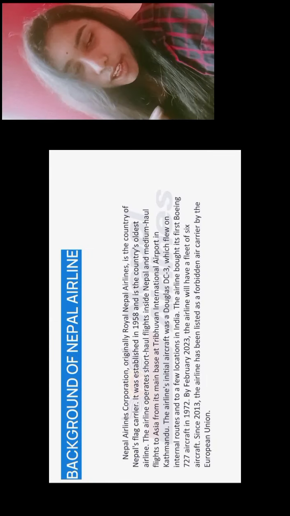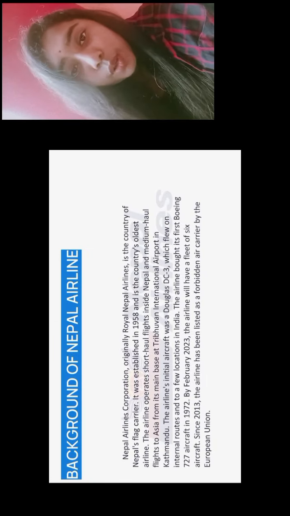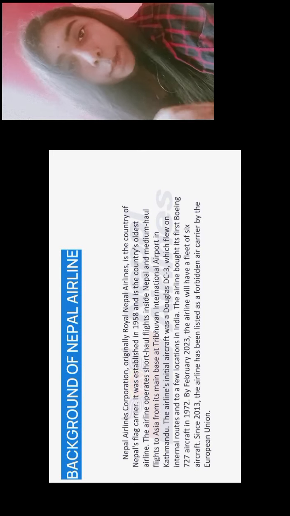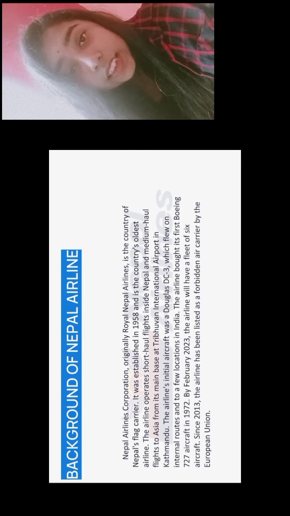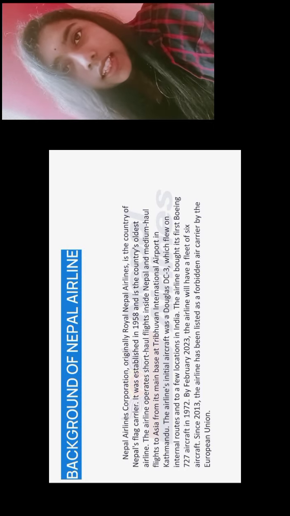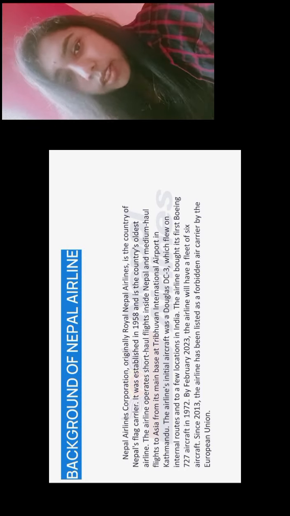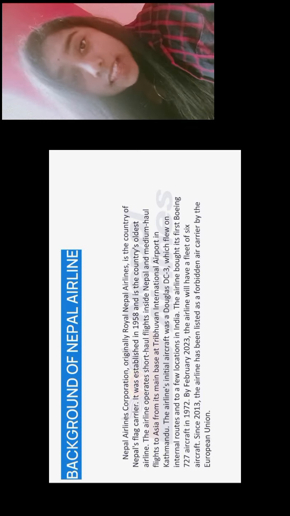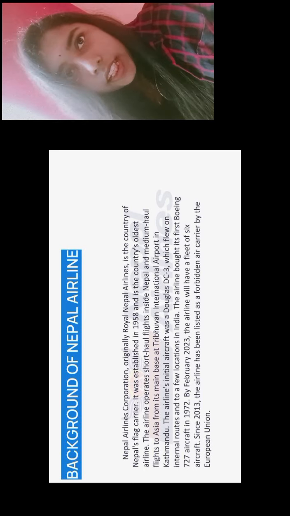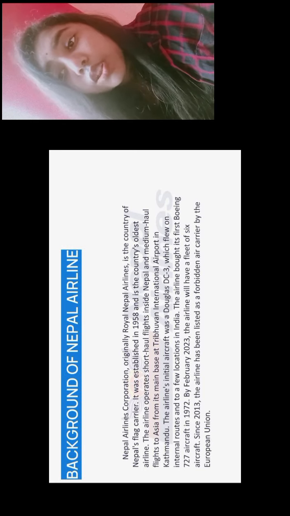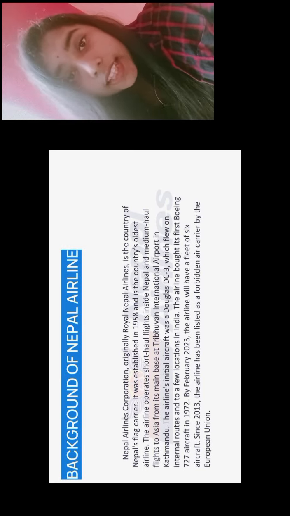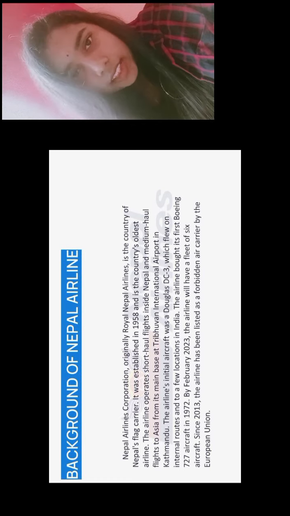Hi guys, it's back to me. I'm going to talk about the basic background about Nepal Airlines. Nepal Airlines is the oldest airline in Nepal. It was established in 1958. The other name for Nepal Airlines is Nepal Royal Airlines.